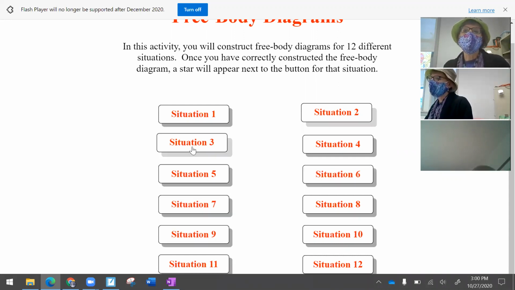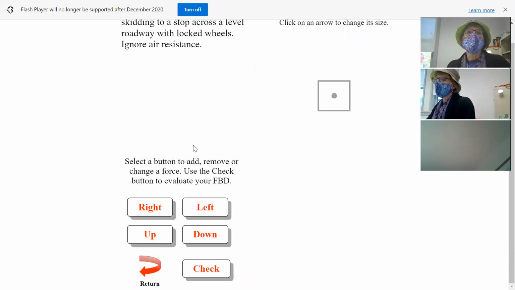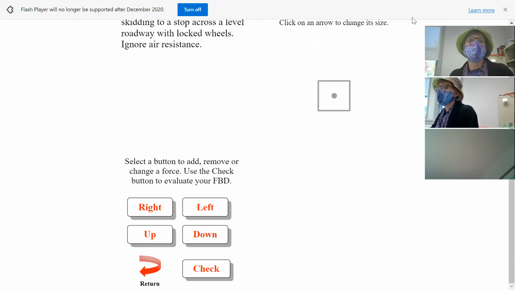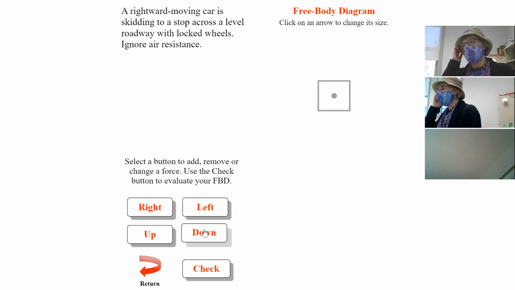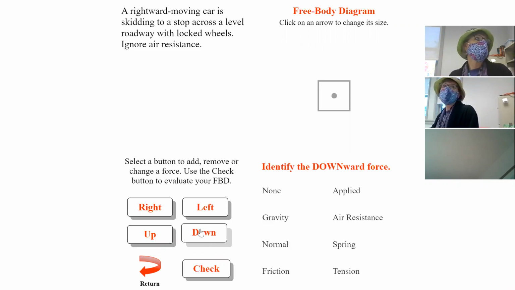When you click on it, let's hang on a sec. Let me get rid of this thing at the top. It gives you a scenario. So this says a rightward moving car is skidding to a stop across a level roadway with its wheels locked. Ignore air resistance. So for instance, we all know that gravity is going to be part of this. So if I want to include gravity, what direction does gravity point? Down. So I would click here where it says down.